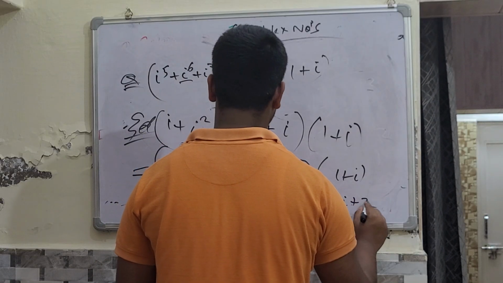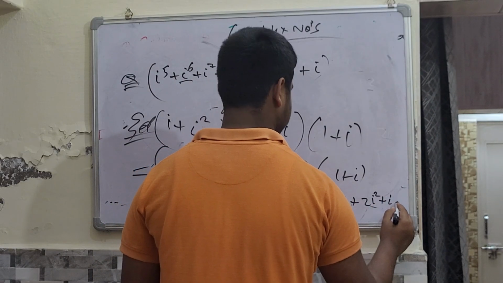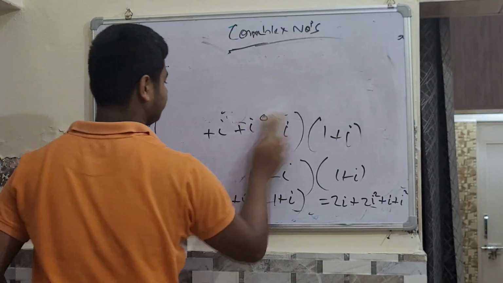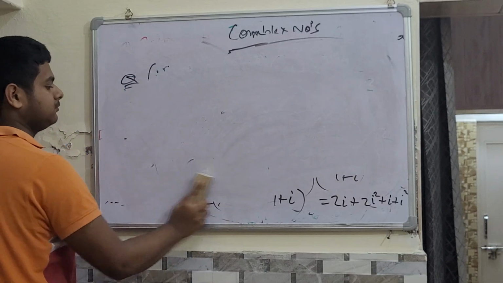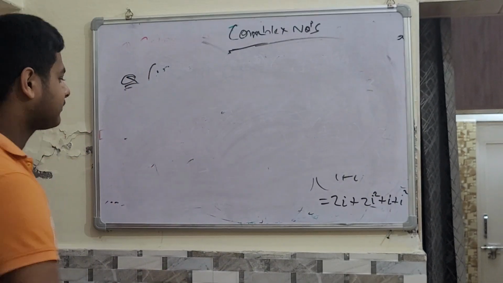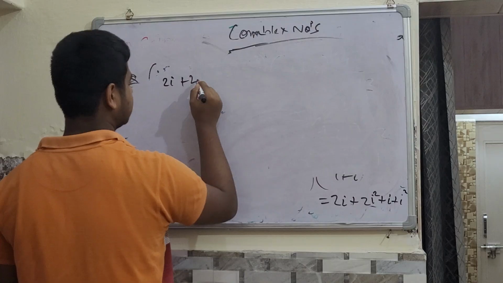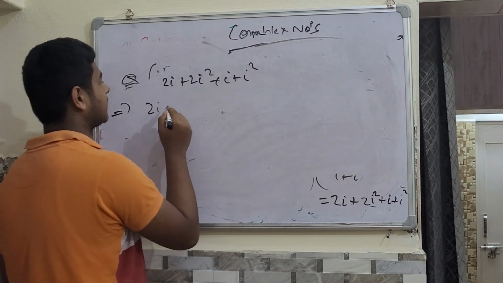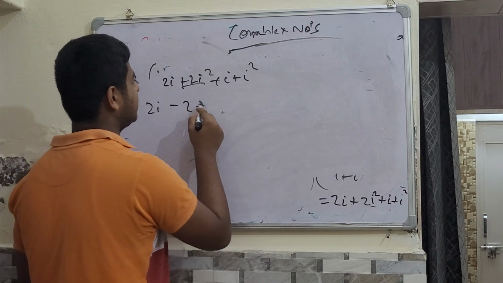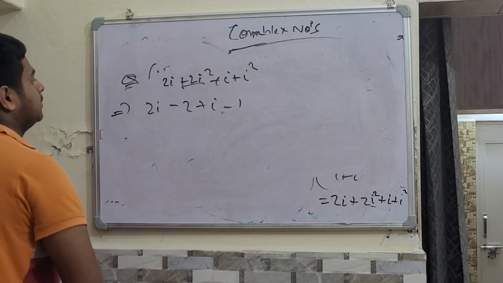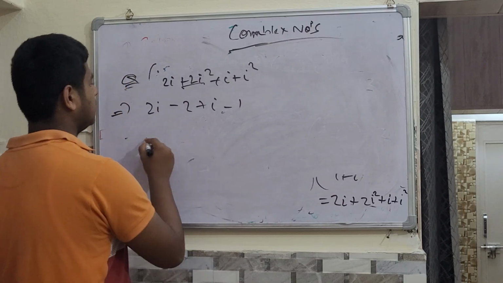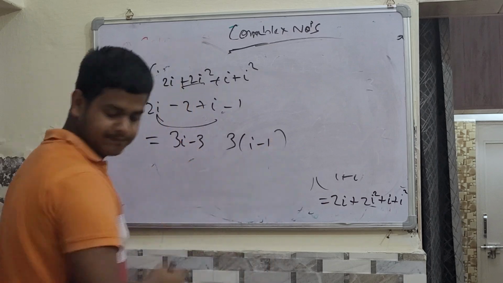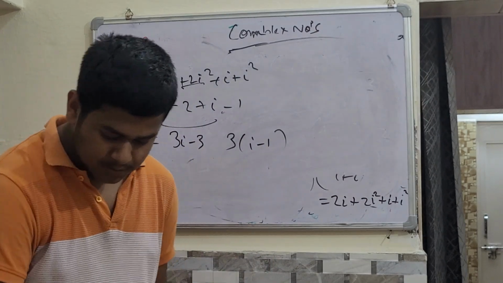This gives 2i plus 2i square plus i plus i square, which is 2i minus 2 plus i minus 1. So 3i minus 3 is the answer. This is your answer.